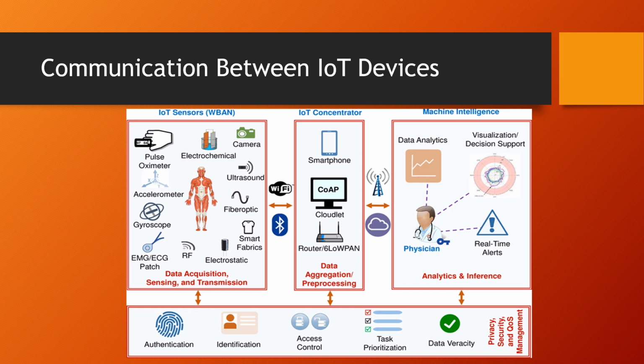And then once it's stored there, it can be opened by any physician that's across the world. And at the bottom there, you can see all the different authentication methods and access controls, identification throughout the different steps, so that only authorized personnel can access data.